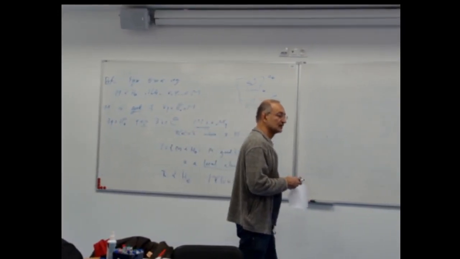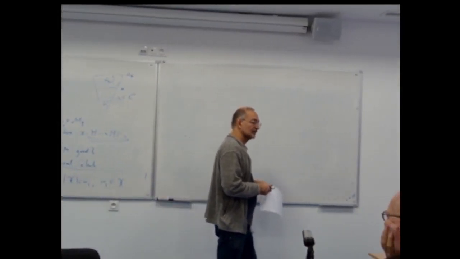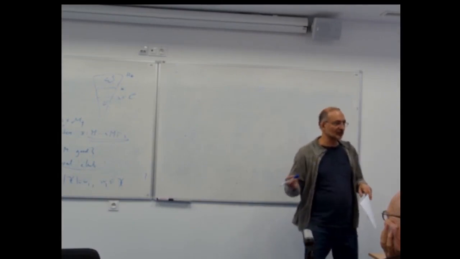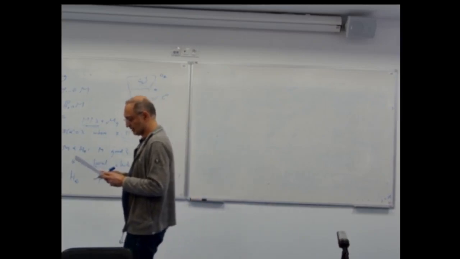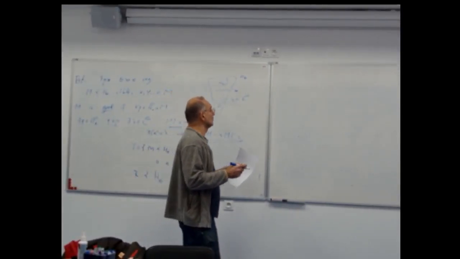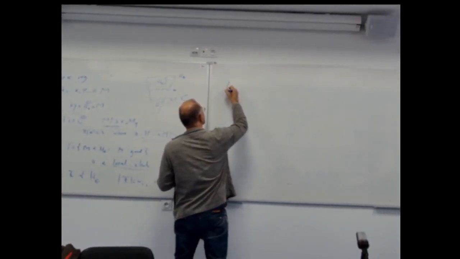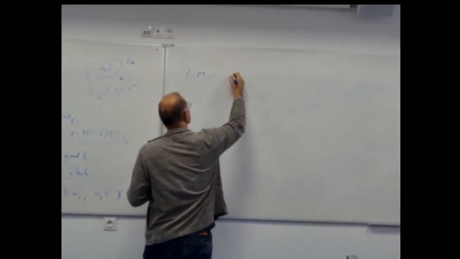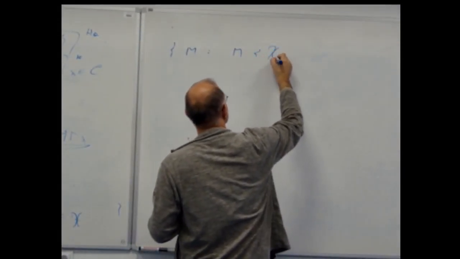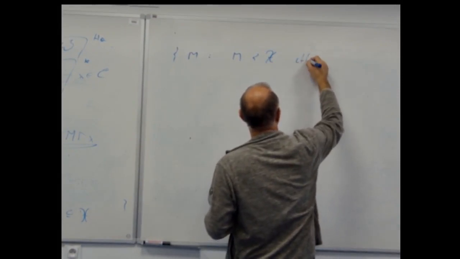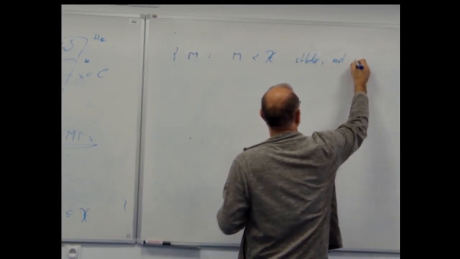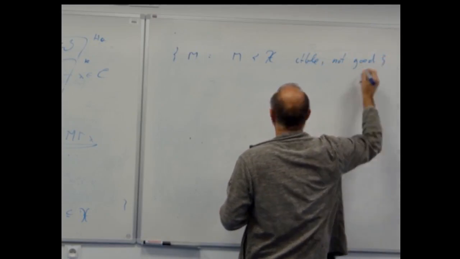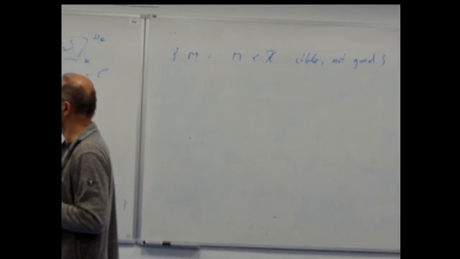Then we can look at countable elementary submodels of X which are not good. Then I want to show that that's not stationary. So we do it by contradiction. Suppose this is stationary.